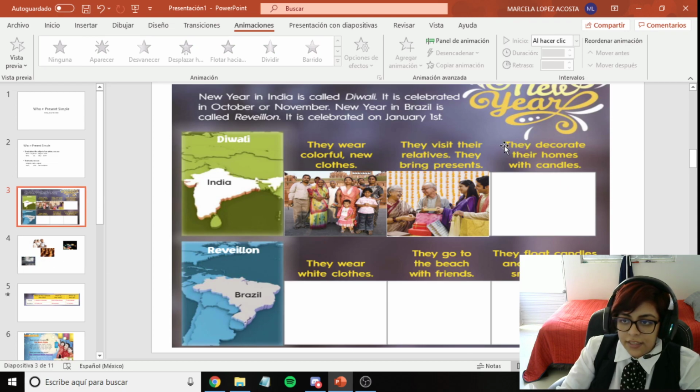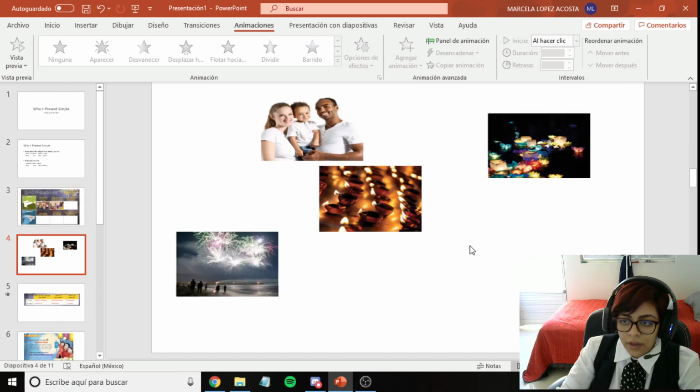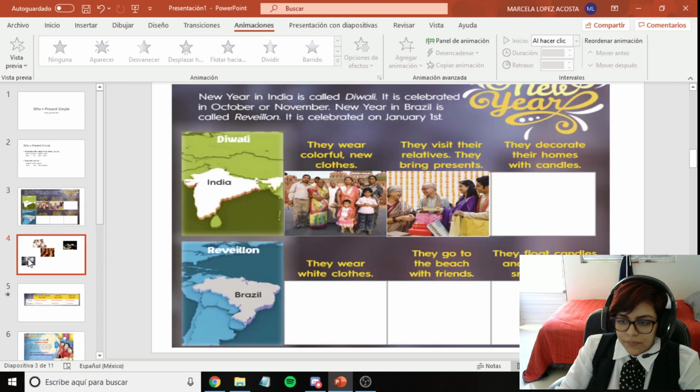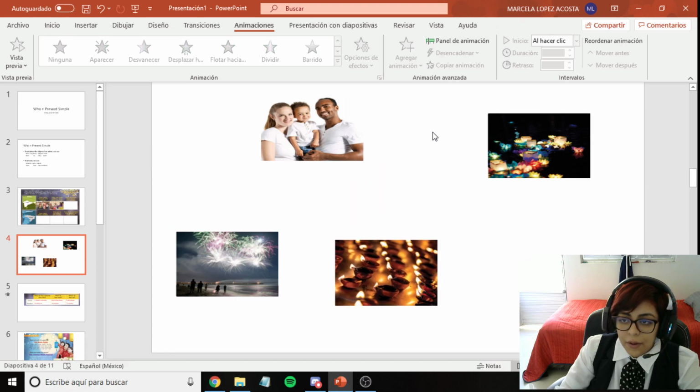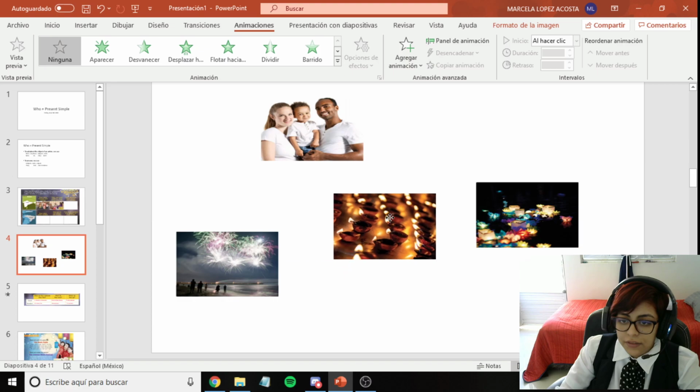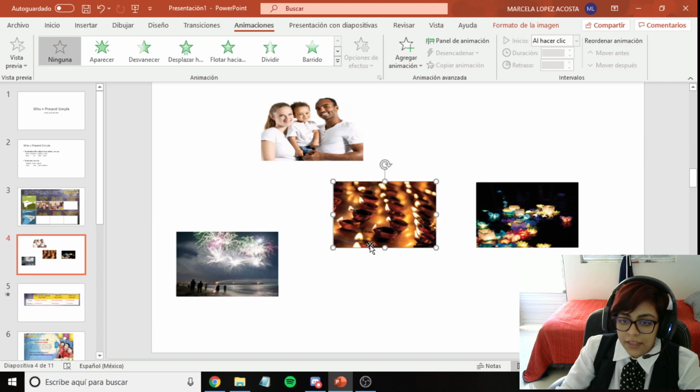And in India, for Diwali, they decorate their homes with candles. Where are the decorations with candles? Okay, we have these candles, right?